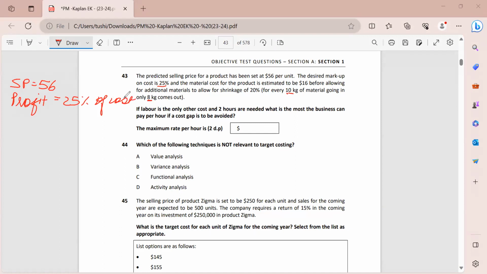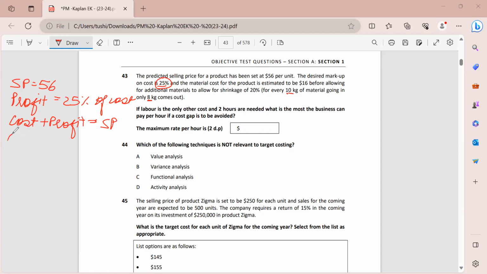When we talk about the equation of cost and selling price, cost plus profit gives you your selling price. With this equation, I can find out how much my cost should be if I want a profit of 25% on cost.